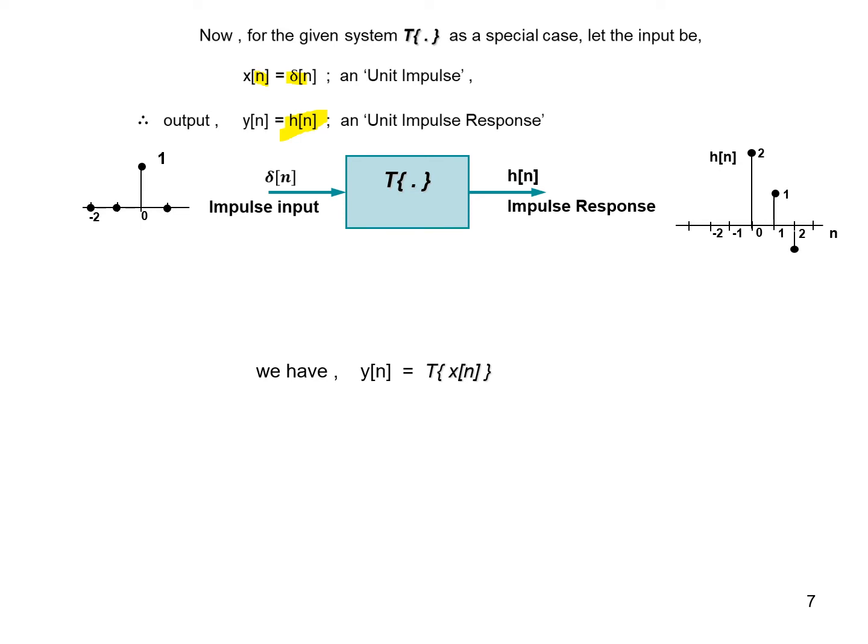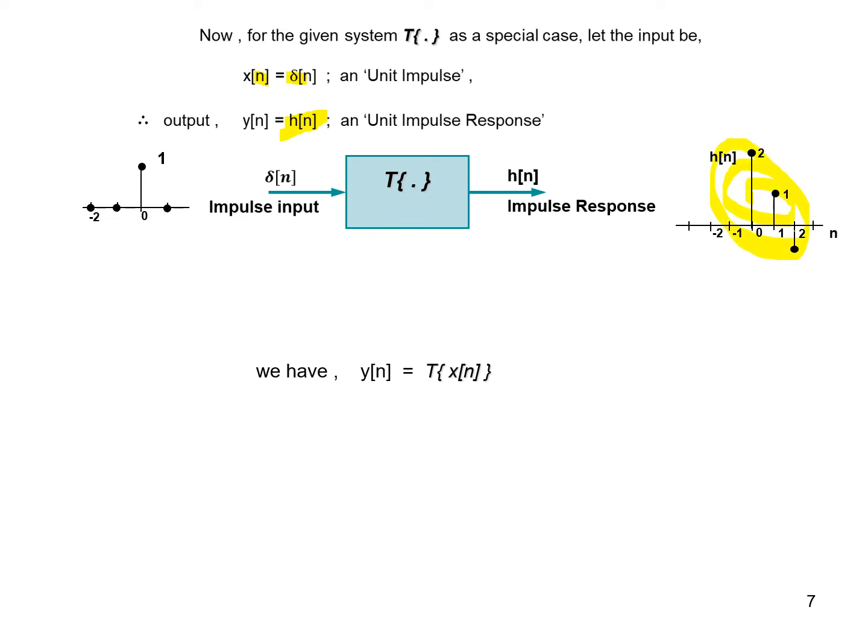Whenever you give an impulse input, it results in some output. That is nothing but the impulse response. Let us understand more on this. Now, what is the benefit of this understanding? That's what it is all about. Now I am going to represent a system by means of impulse response. In this case, the shape of this signal h of n can be anything.